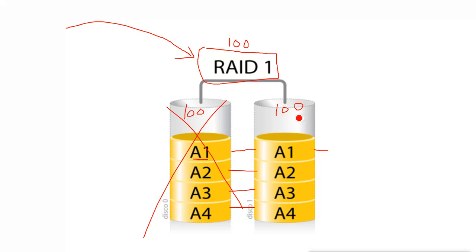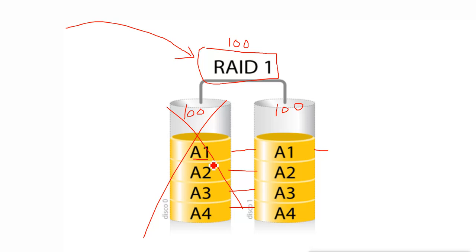Why? Because half of the space is going for the mirroring, but it is giving you full redundancy. So the only problem we have is that we lose half of the space. If you want to store data in this RAID level 1, you will need a lot of space.